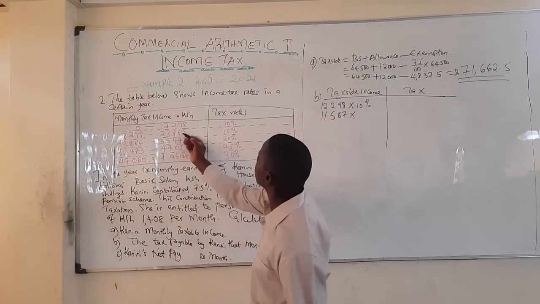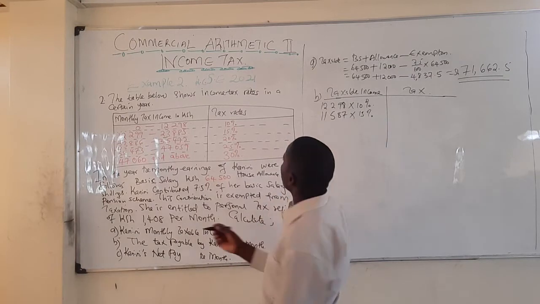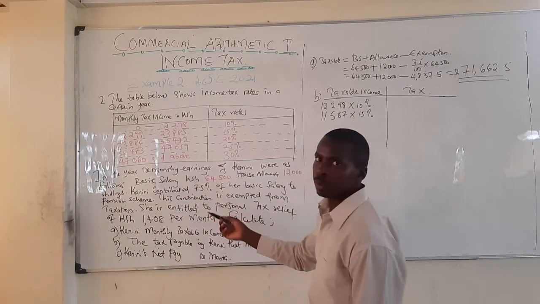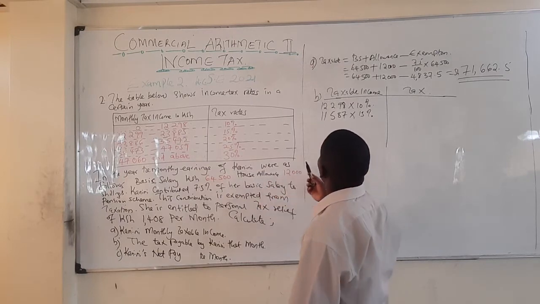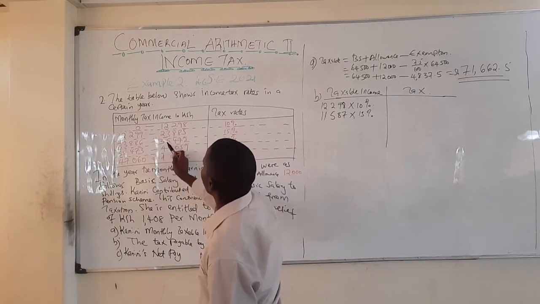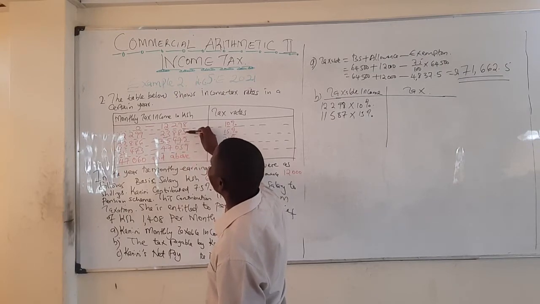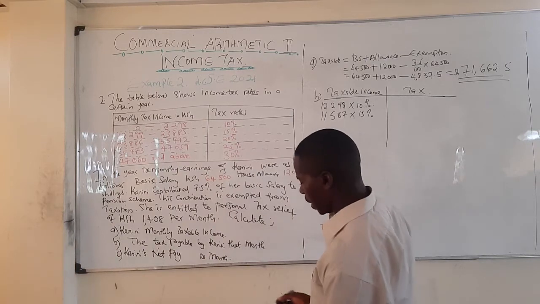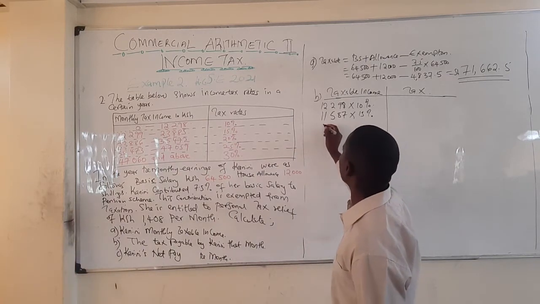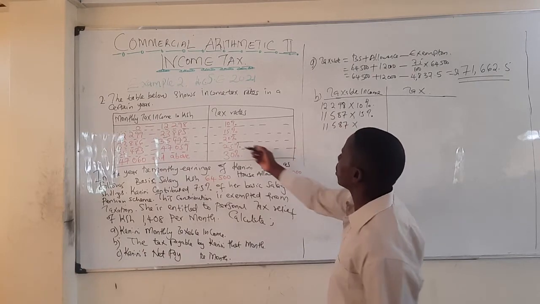This one we are going to multiply by 15%. Then the third bracket, you're going to be having 35,472. We subtract 23,885, and you're going to be having the same value as the second bracket, that is 11,587. This one is multiplied by 20%.